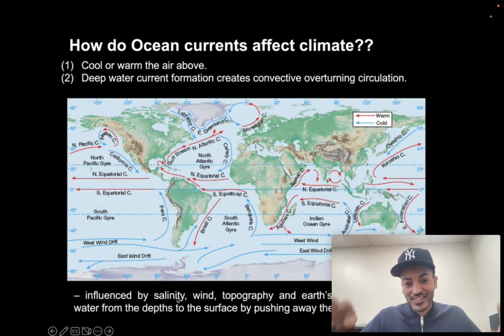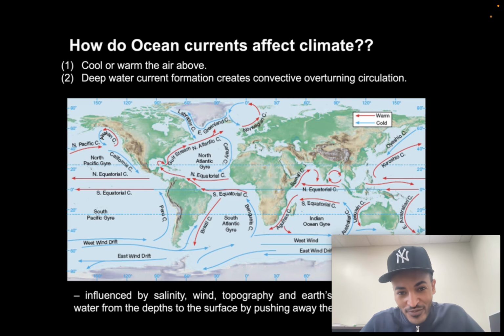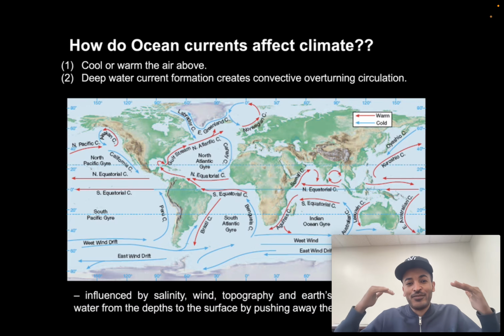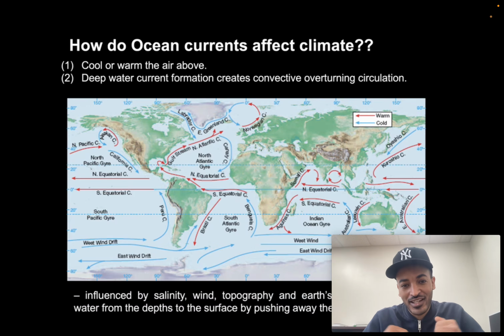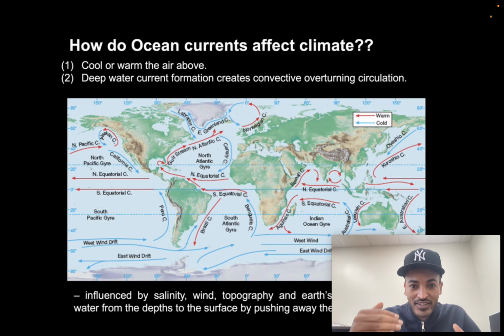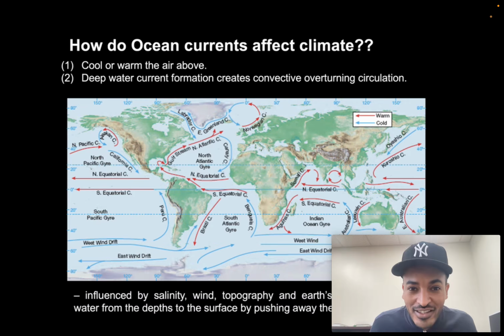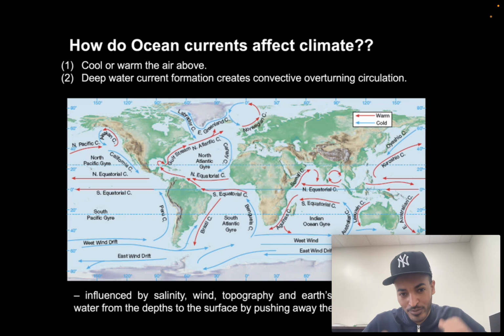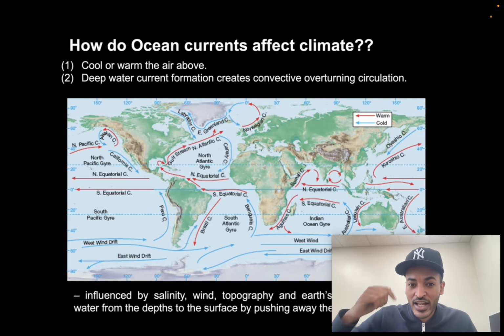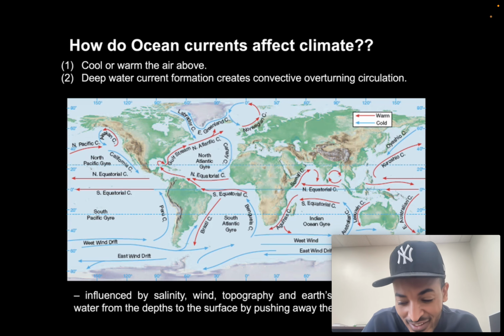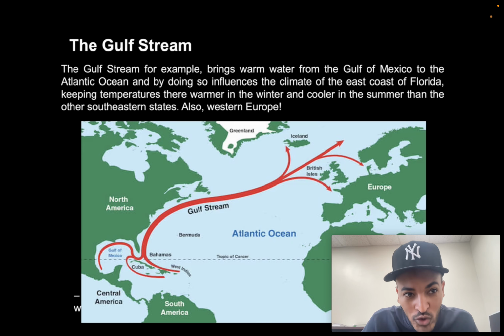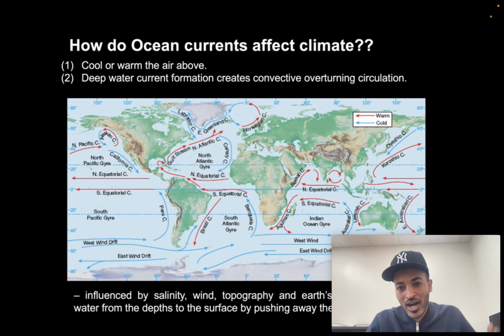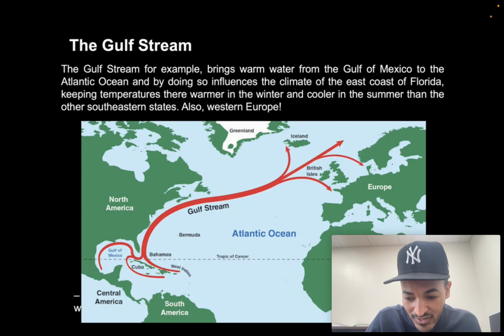So salinity, the salt content of the ocean, is very important, right? What salinity does is it controls the density of a water mass. For the atmosphere, remember, it's the gradient in the atmospheric pressure. Now for the ocean, the gradient in the density actually controls what we call the global thermohaline circulation, as I'll show you in the next slide.